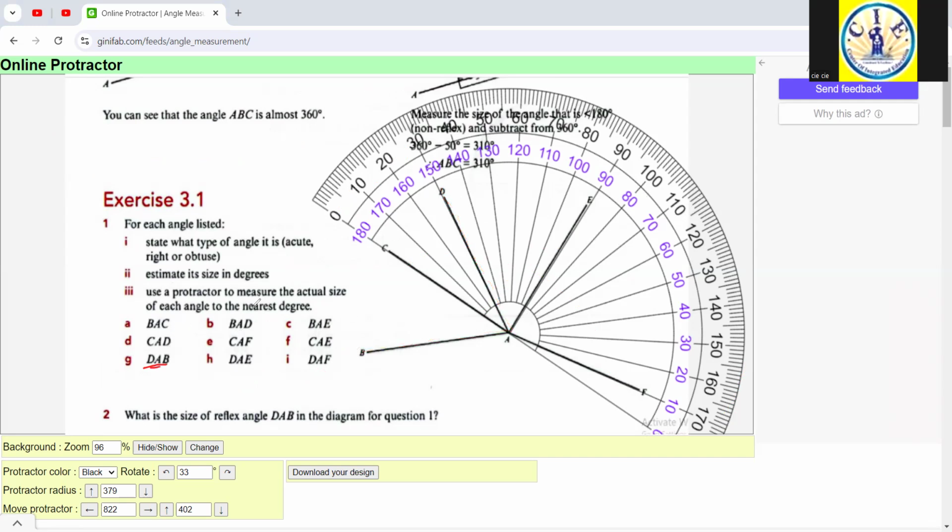Always we need to consider that the middle vertex is the angle's vertex, so we always need to consider this angle at A. Now let's measure it.